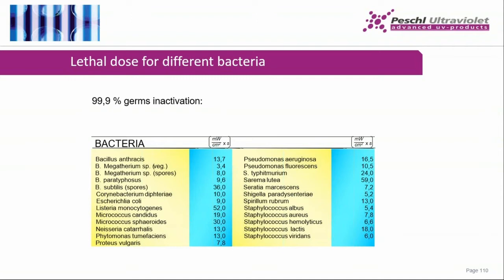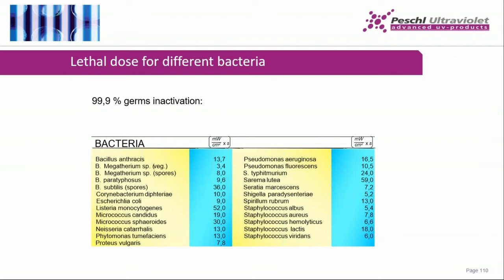We often hear the bad word Listeria, and it's a really big word. Some professors made tests and found a lethal dosage of 42 milliwatt per centimeter square to damage Listeria by 99.9%.